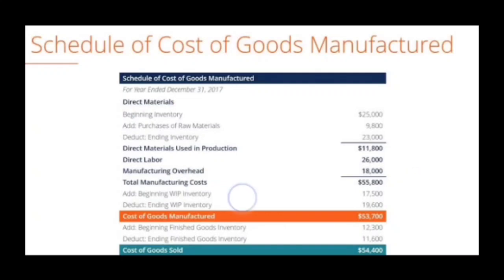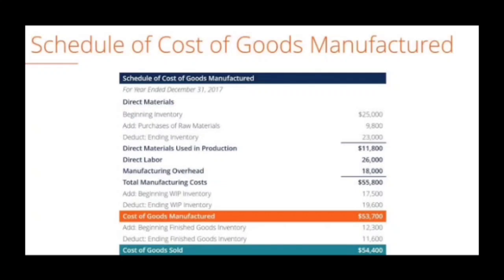Then work in process. We have discussed that work in process means the process which is going on in production; in other words, the product is in the machines and not yet produced as a final product.